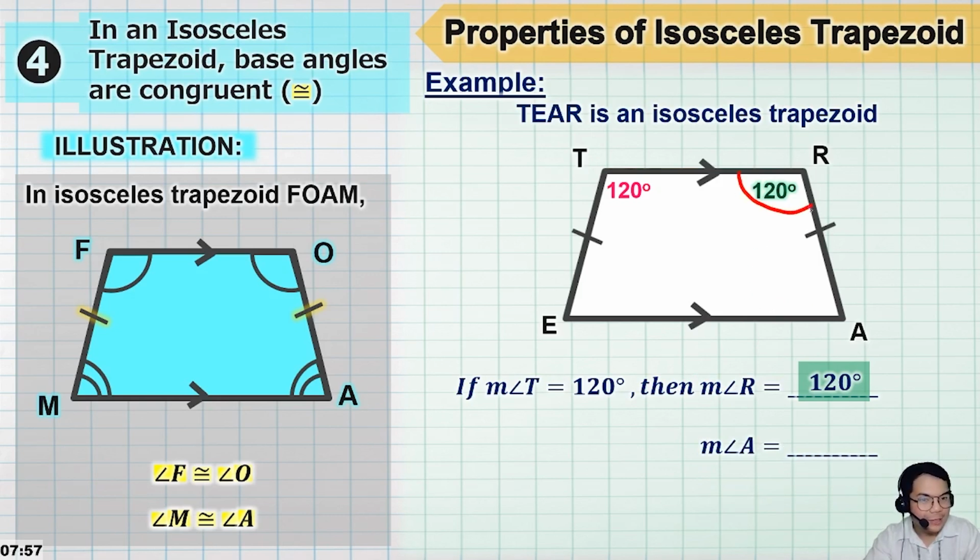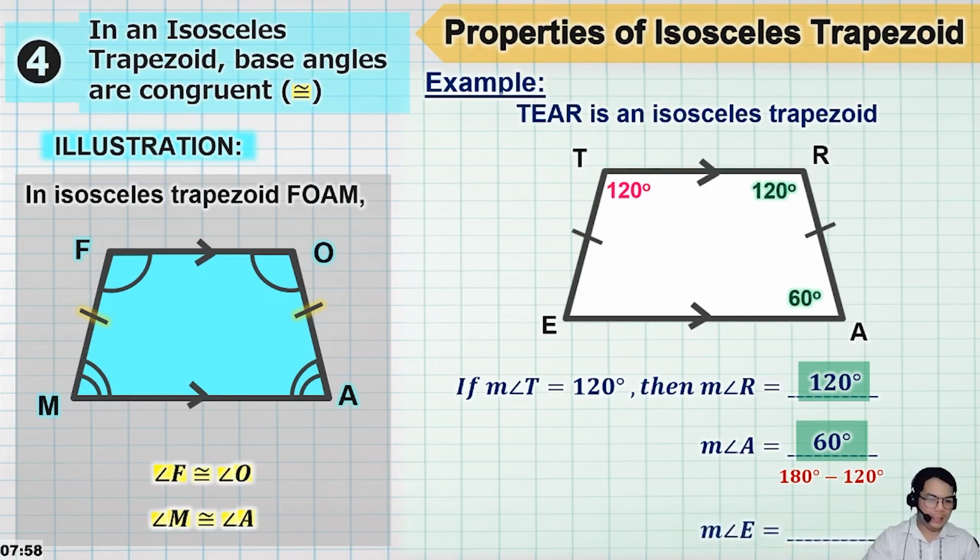Considering that these two angles, angle A and angle R, are angles that are included on the leg RA. Dito magagamit nyo yung property kanina, yung pangatlo. They are supplementary. That means, to solve for angle A, you can subtract that 120 degrees from 180 for it to be supplementary with angle R. Therefore, the measurement of angle A is going to be equal to 60 degrees.